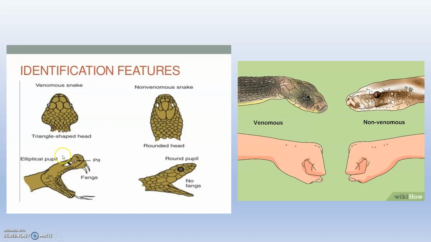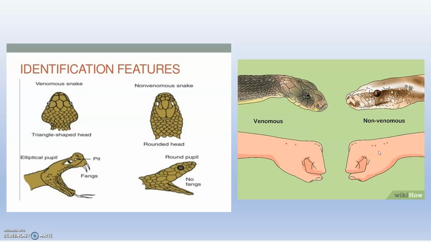Seeing the pupil, an elliptical pupil is a feature of venomous snakes, and a rounded pupil is mainly in non-venomous snakes. We can also see their bite marks. Mainly the venomous will have two bite marks, but non-venomous will have rows of marks very adjacent to each other.